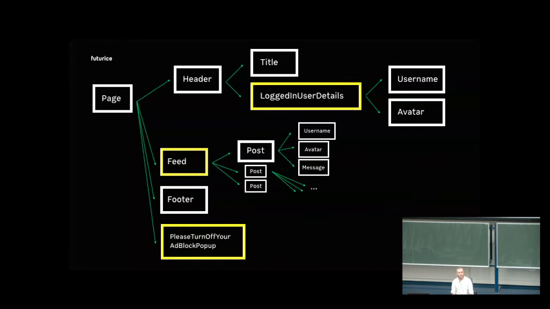Because if the state is sprinkled around the whole huge massive component tree, then it's sometimes hard to debug. You have to go through different components. Where is this change coming from? I don't know. But we'll get back to that a little bit later on. Actually, we come to that part now because it's the next slide.